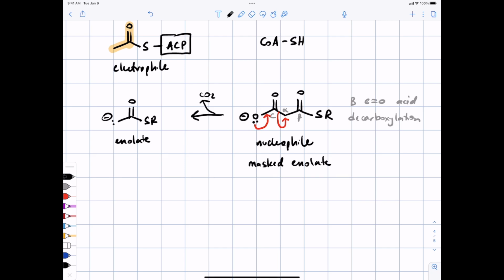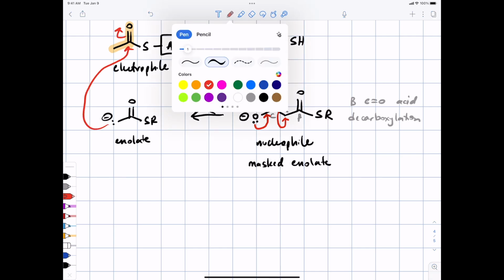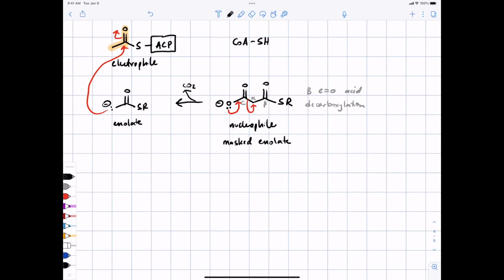You see what's going on there? Loss of CO2 leaves behind electrons, and suddenly your enolate is revealed. Once that enolate is revealed, attack the carbonyl carbon to get a tetrahedral intermediate.